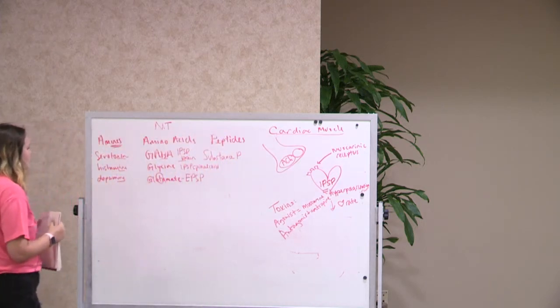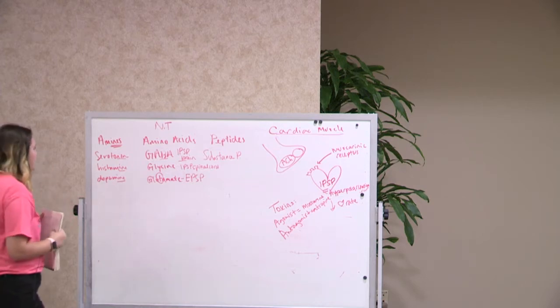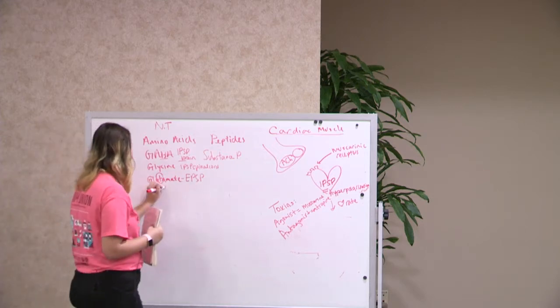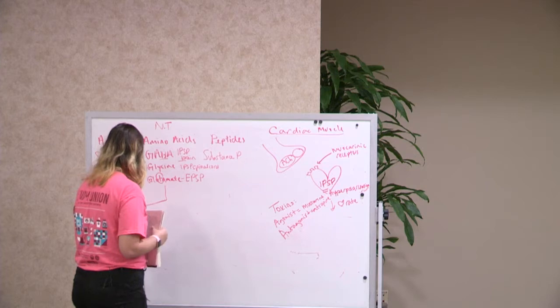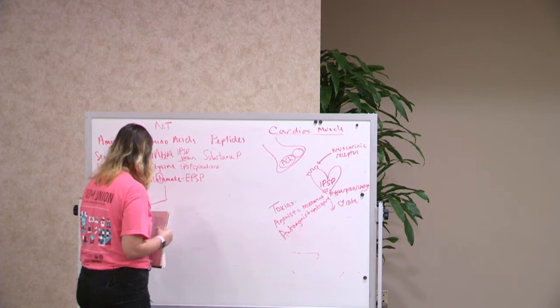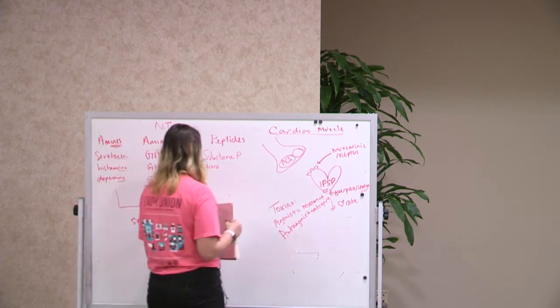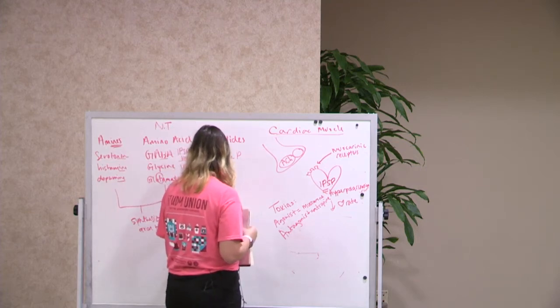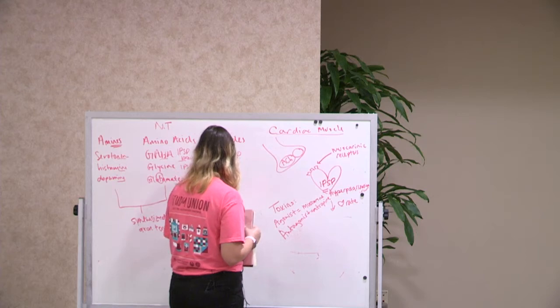So there's different ways we can package neurotransmitters. Amines and amino acids, since they're smaller, are synthesized and packaged in the axon terminal. And then peptides are synthesized and packaged in the soma.